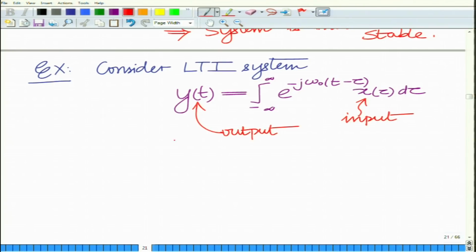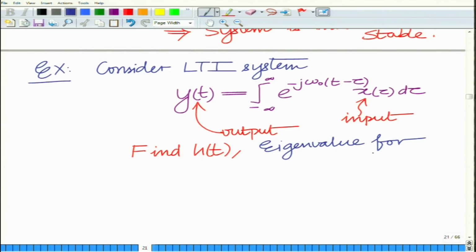What we need to do is find the impulse response and also the eigenvalue for the function e to the power of st u(t). Okay.